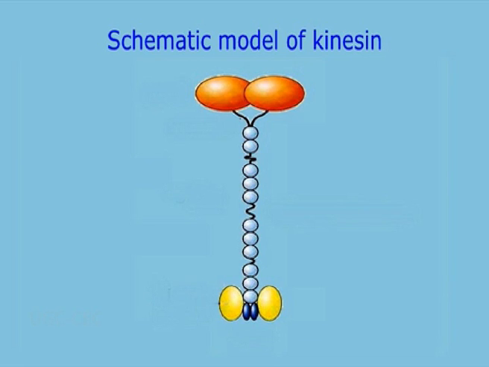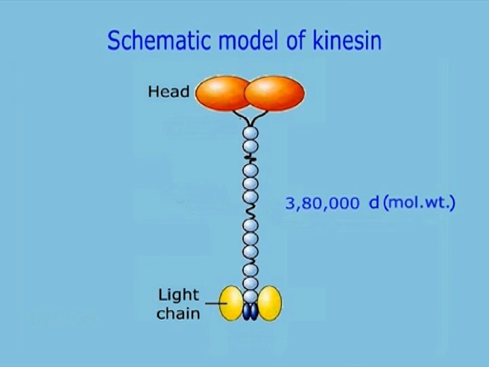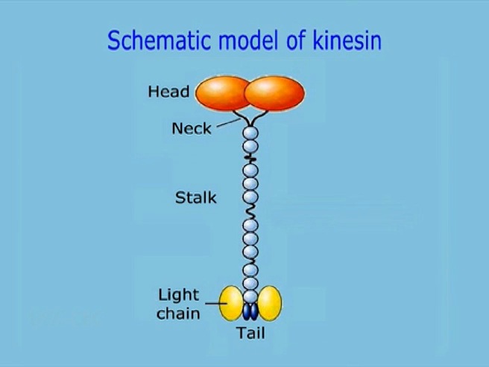Kinesin 1 is a dimer of two heavy chains, each complexed to a light chain, with a total molecular weight of 380,000 Dalton. The molecule comprises a pair of large globular head domains connected by a long central stalk to a pair of small globular tail domains which contain the light chains.